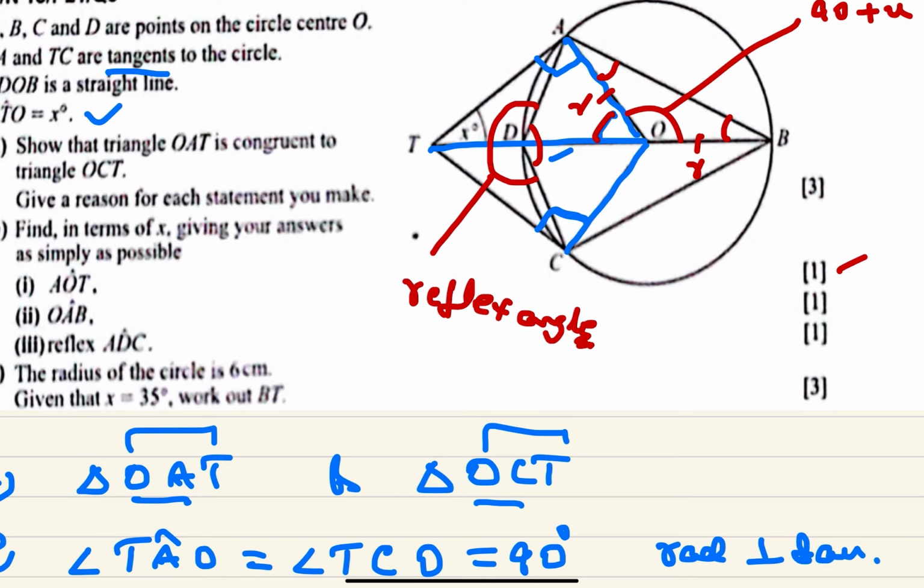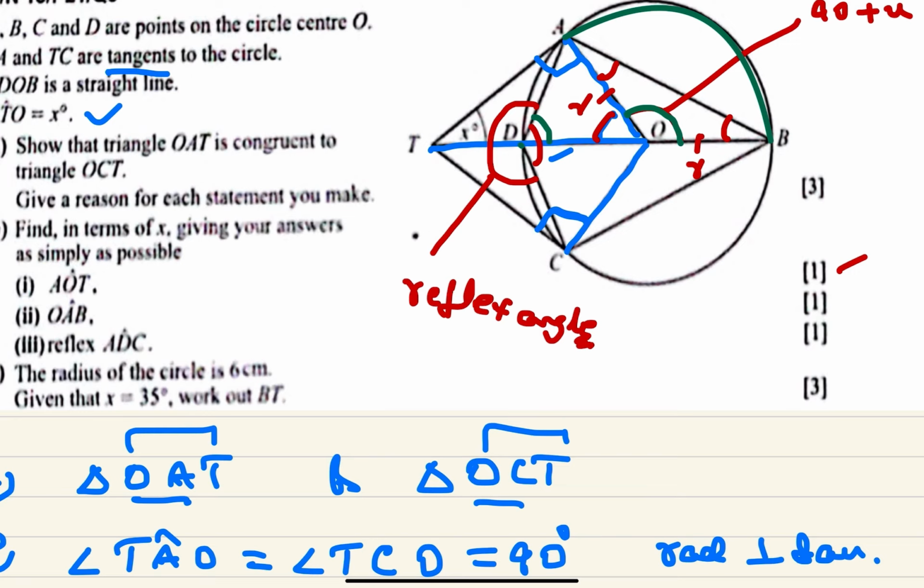ADO, let me change the color. This angle I know, ADO should be half of this angle, right? Half of this angle, because angle at the center is twice the angle at circumference. That means angle at the circumference is half of the angle at the center.